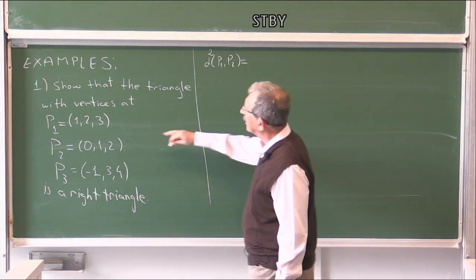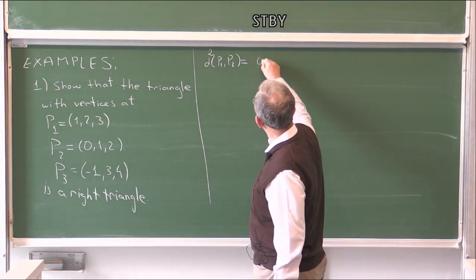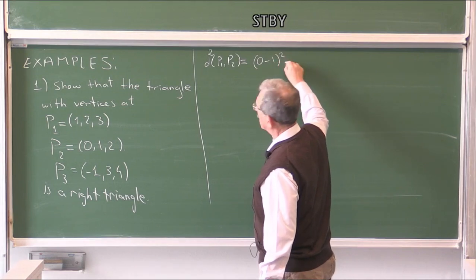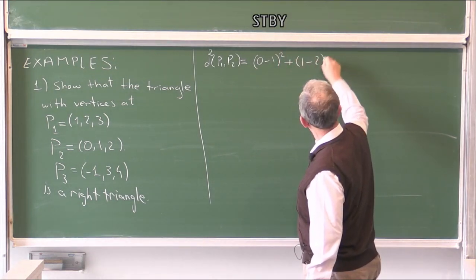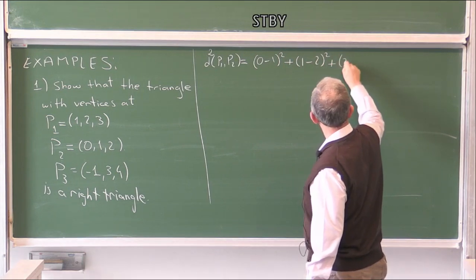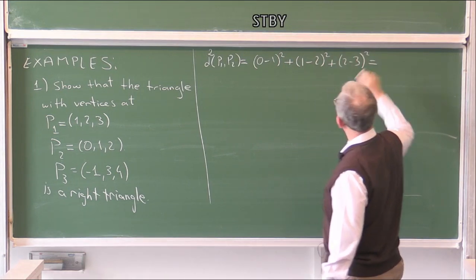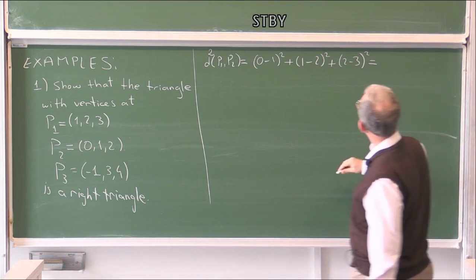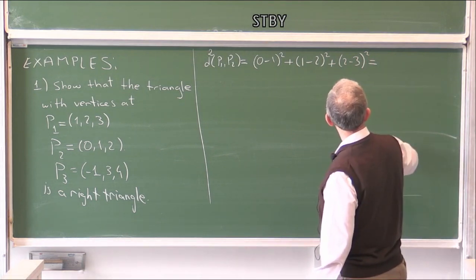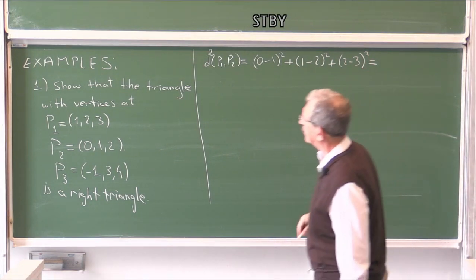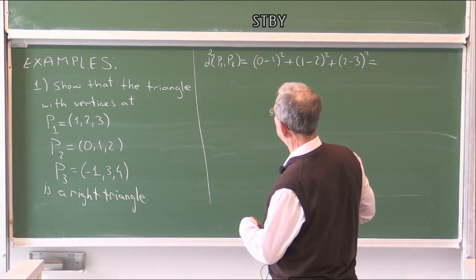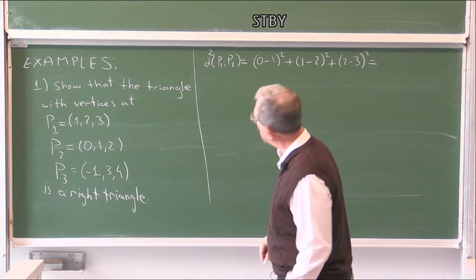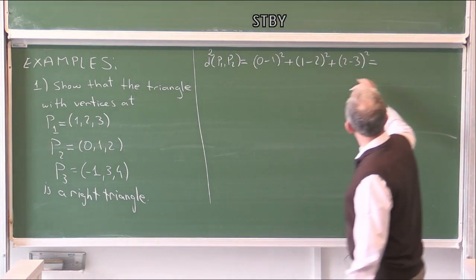So that would be the difference squared in all components. So that is 3.